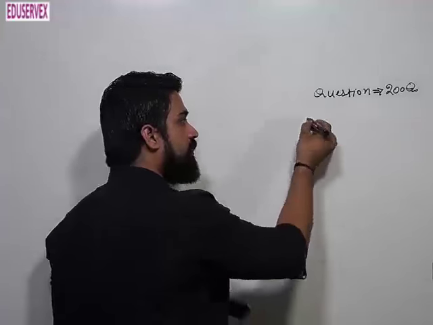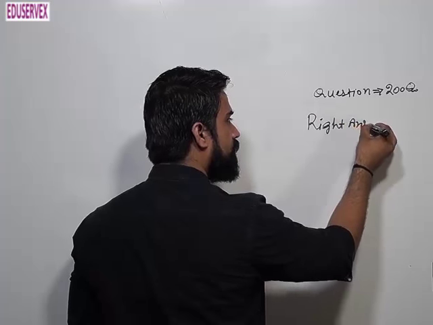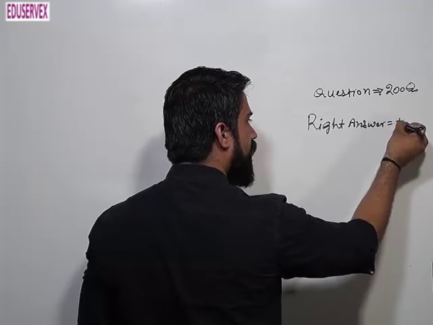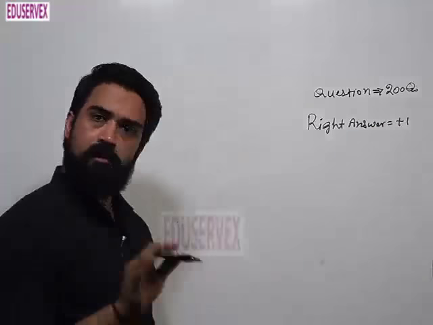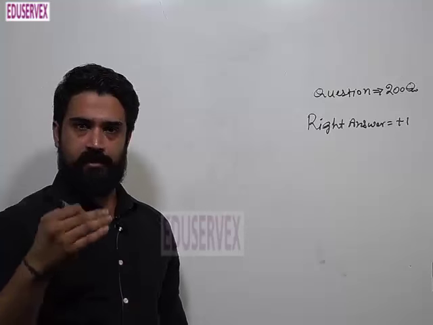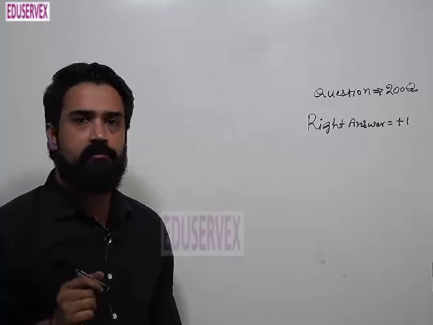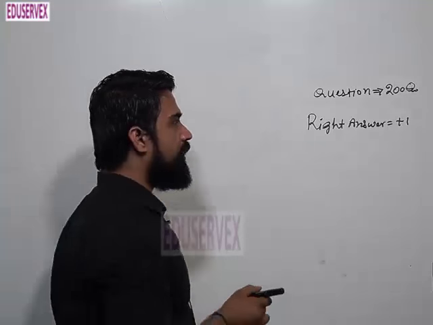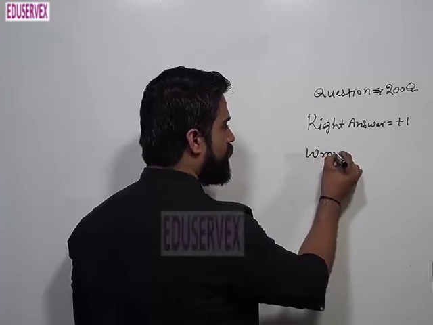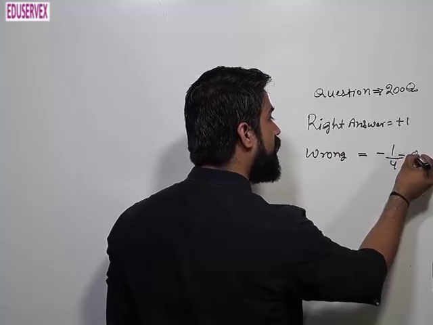For every right answer we had 1 mark. A student giving a right answer gets one mark. But for a wrong answer, it was -1/4, that is -0.25.